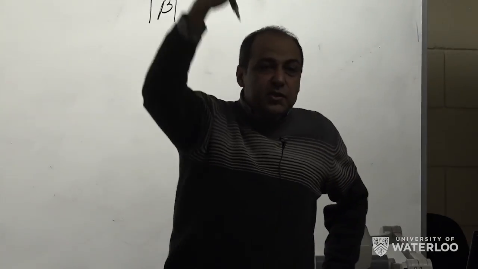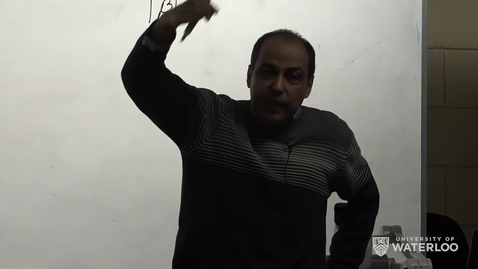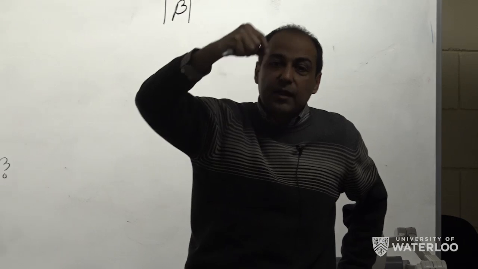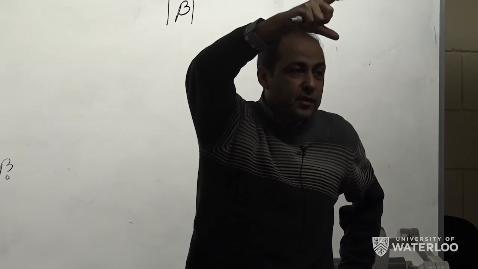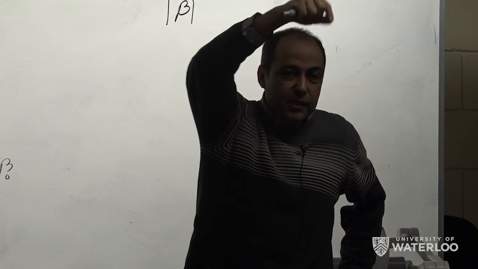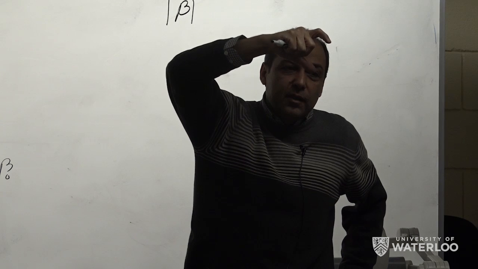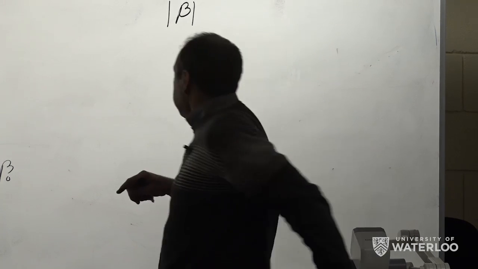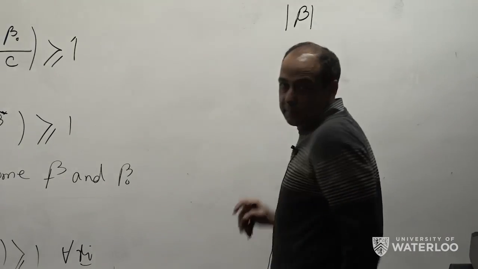So if I constrain my hyperplane to have a beta such that the closest point to the hyperplane is at least 1 unit apart, then that's my margin.